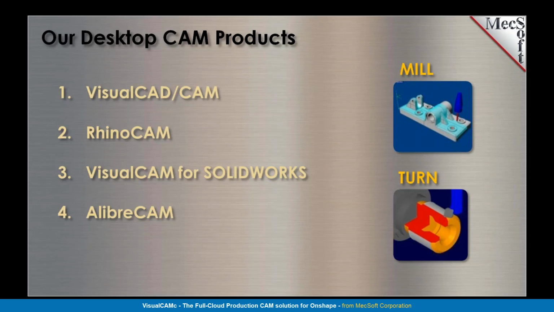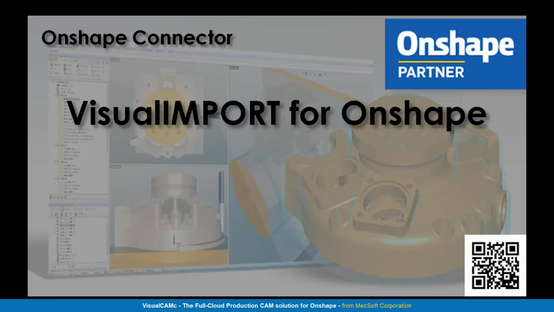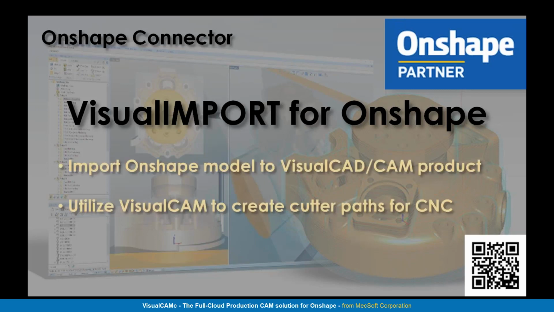And now our foray into the cloud-based market with our partnership with Onshape started a year ago when we released the Onshape Connector product called Visual Import for Onshape. This is a free product that's available on the App Store. You can go to the CAM App Store today and download this product and install it. What this does is it allows you to import Onshape models into the VisualCAMc product.